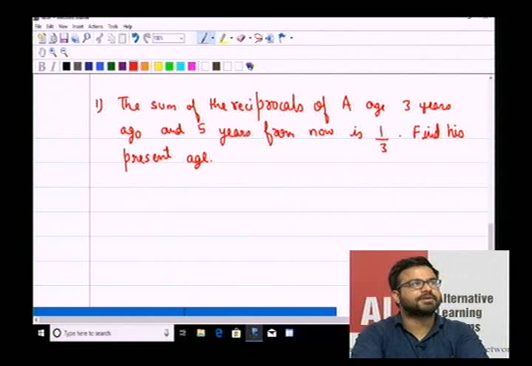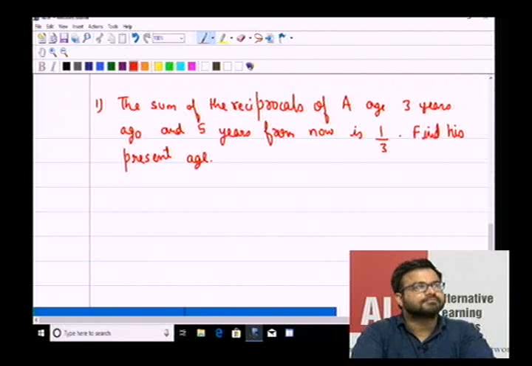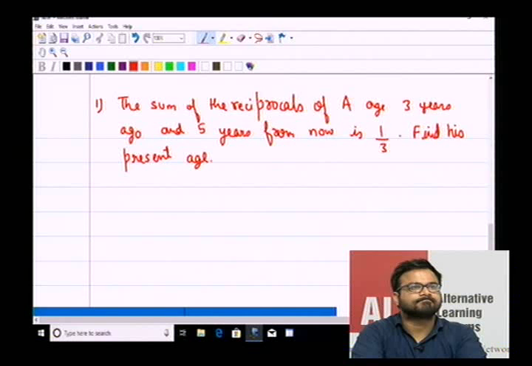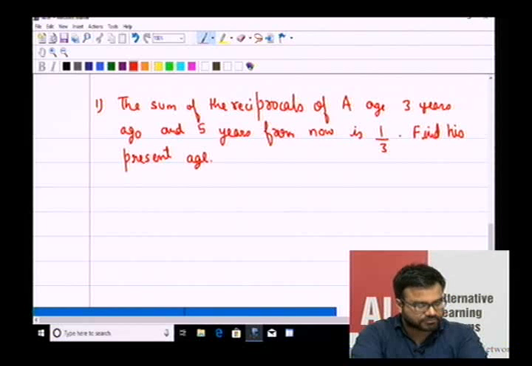That's right, Senapati, you have made the correct equation. Now just solve it. That's right, Churchandpur Center. The answer is correct.